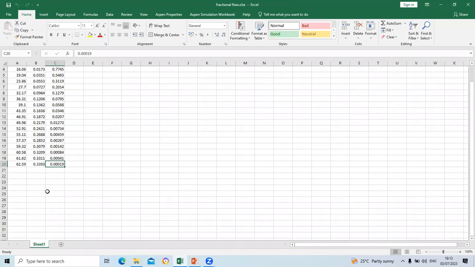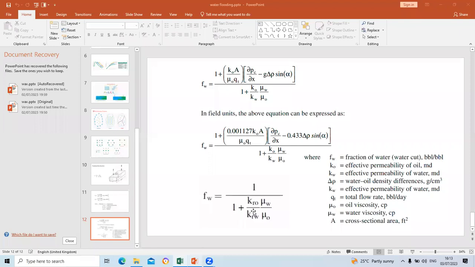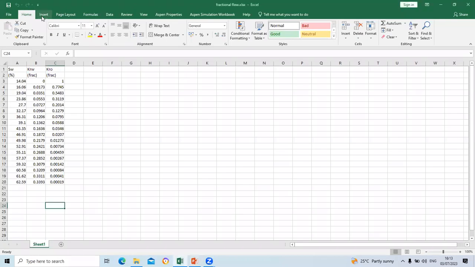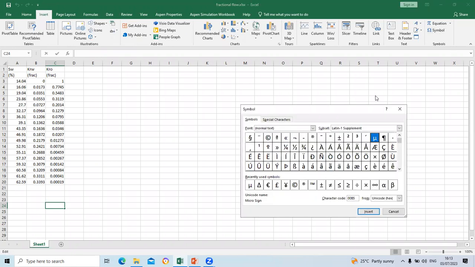We also need the viscosity, because if we look at the formula, we need the viscosity of water and the viscosity of oil. Let me insert a figure for viscosity. All right, that's our viscosity there.